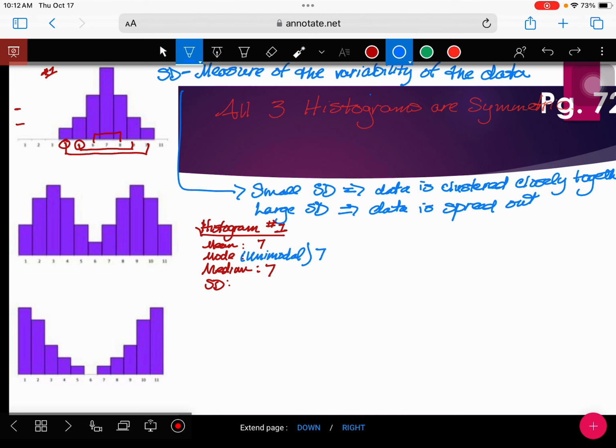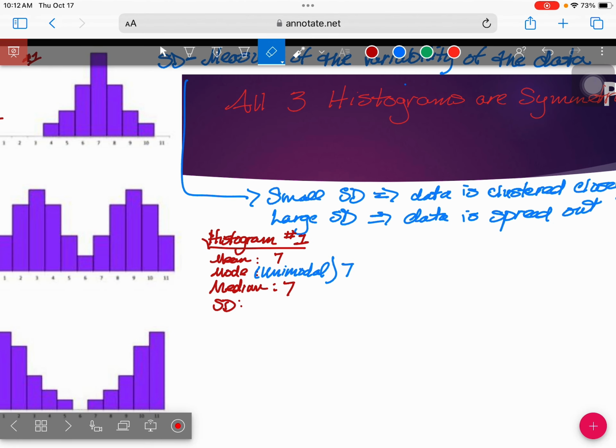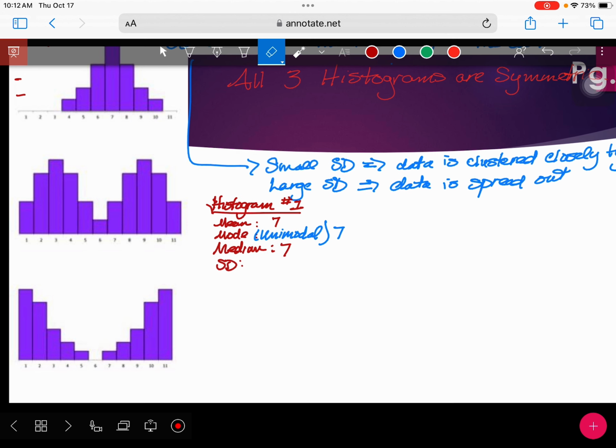I heard one vote for the smallest. Jaden, what do you think? Do you know what standard deviation is? It's the variability of the scores. Where do my scores start and end? It goes from 4 to 10. That's pretty clustered as opposed to the other two histograms.